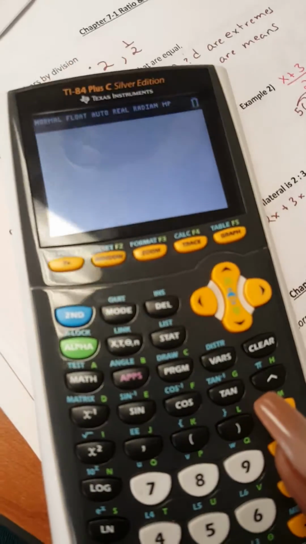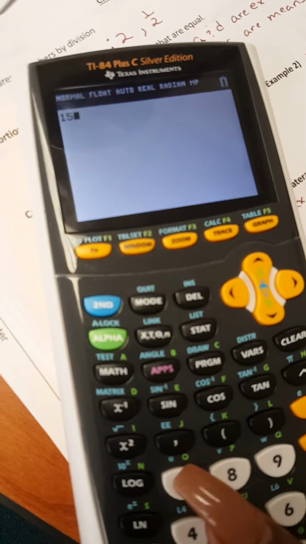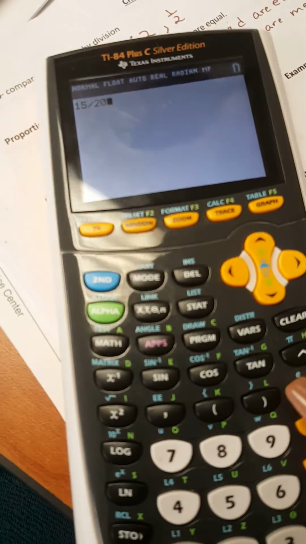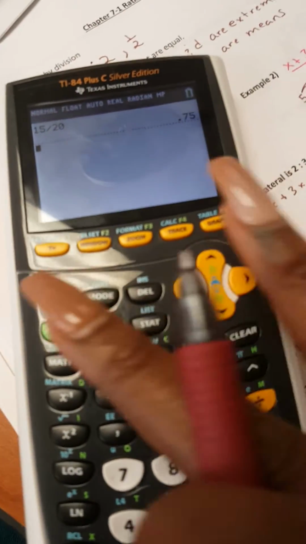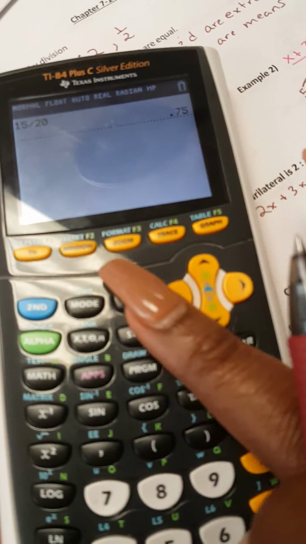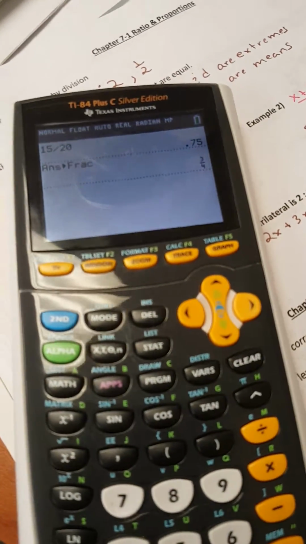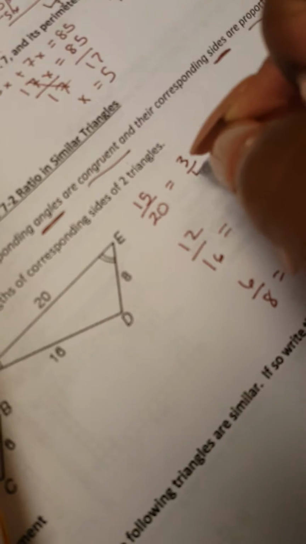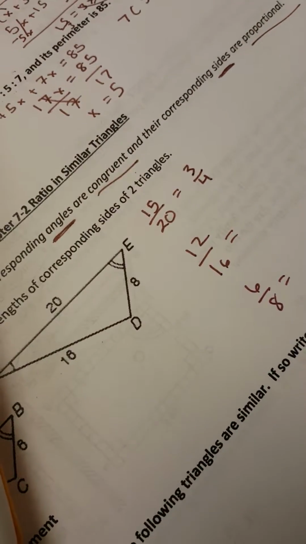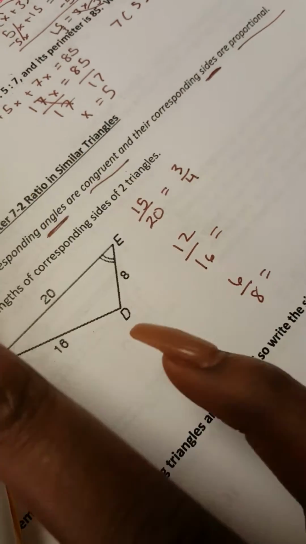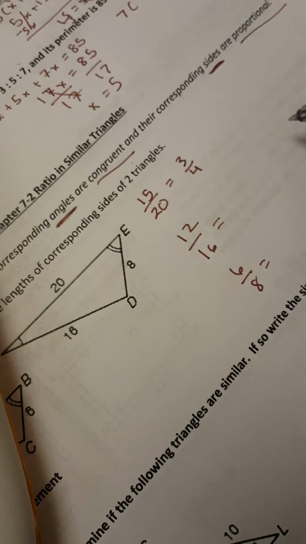Okay, so 15 divided by 20 equals 3/4. And then 12 divided by 16, 3/4.